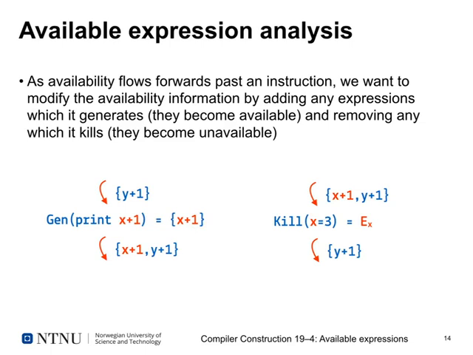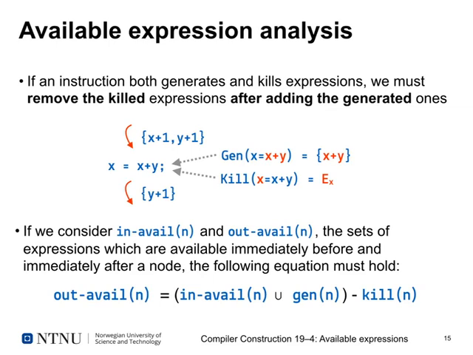On the other hand, if we have an instruction x equals 3, and before this instruction we have x plus 1 and y plus 1 in our available expressions, we're killing all the ones containing an x. We're just left with y plus 1 afterwards. And as we've seen, if an instruction both generates and kills expressions, like in our x equals x plus y, well, we're generating x plus y, and right away we're killing everything that contains an x.